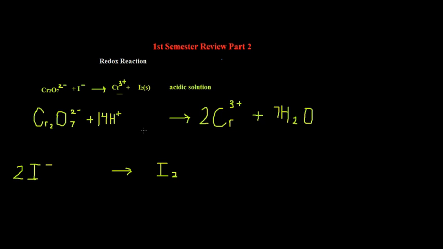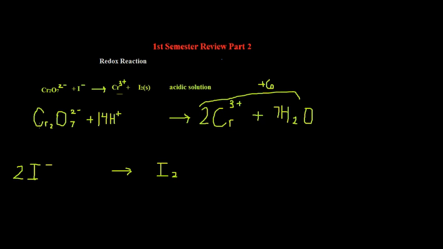not the charge. For example, the water molecule is obviously neutral, and the chromium atom is not neutral. It has a +3 charge, and there's 2 of them, so it has a total charge of +6 on the right side of the equation.